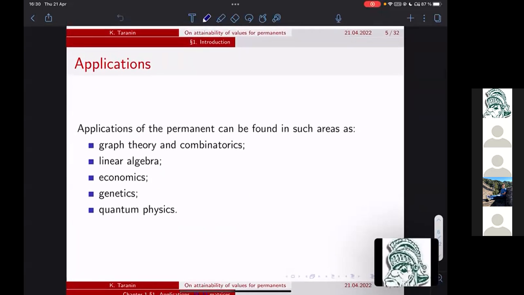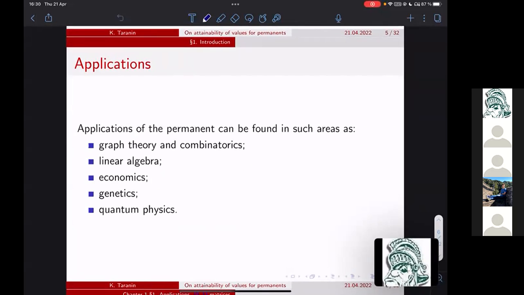So as I mentioned, permanent looks very similar to the determinant. The definitions are similar. And for the determinant, we know possible applications and the computation methods. But what about the permanent?